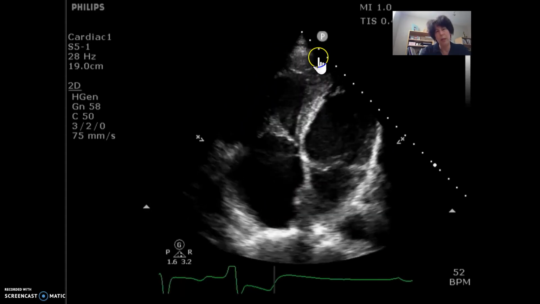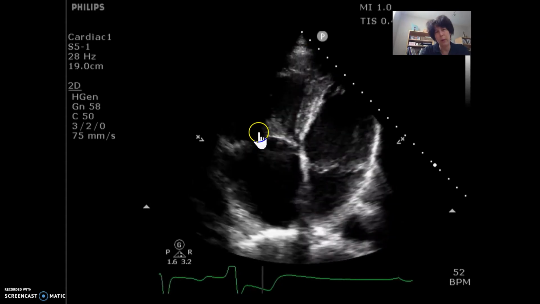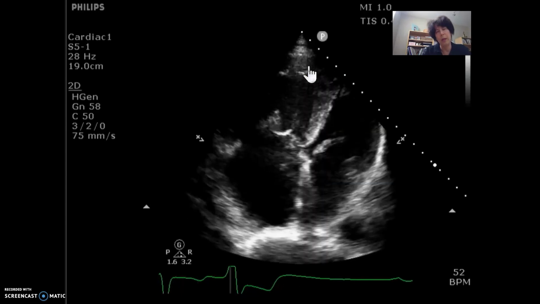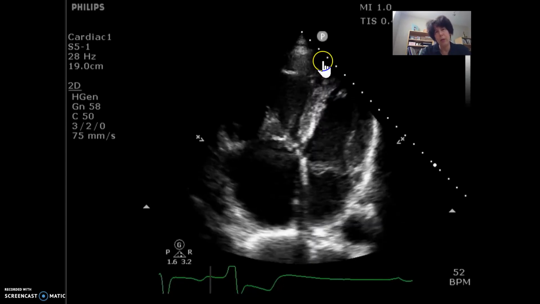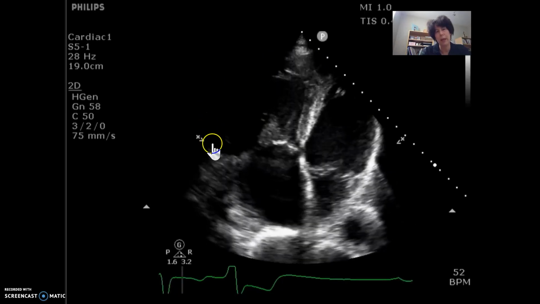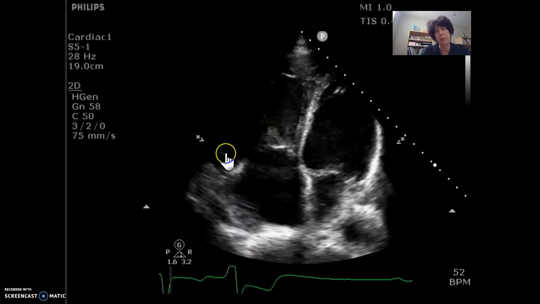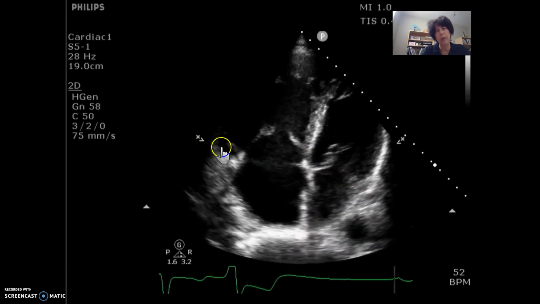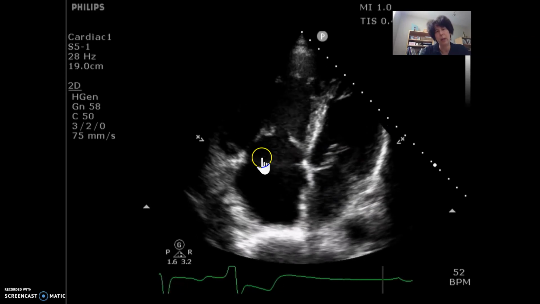You can see that this RV, which usually we would say should be about a third of the LV, and if you look back at the RV lecture, is usually more of a triangular shape. This is a very dilated and large RV, larger than the LV, and the RA is very, very big as well.